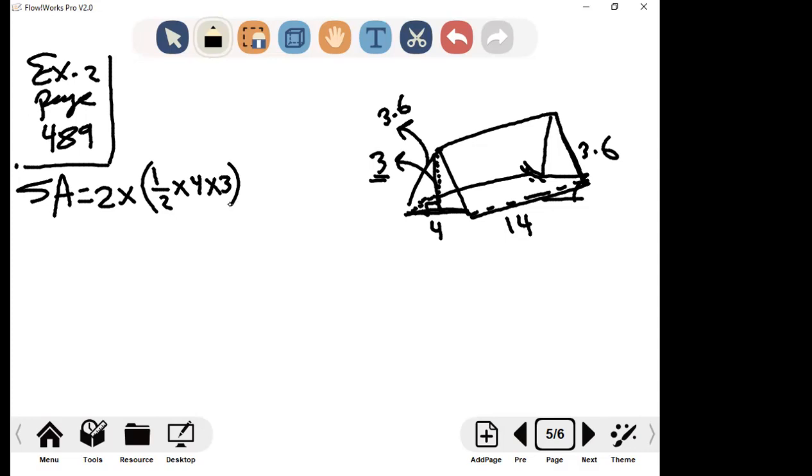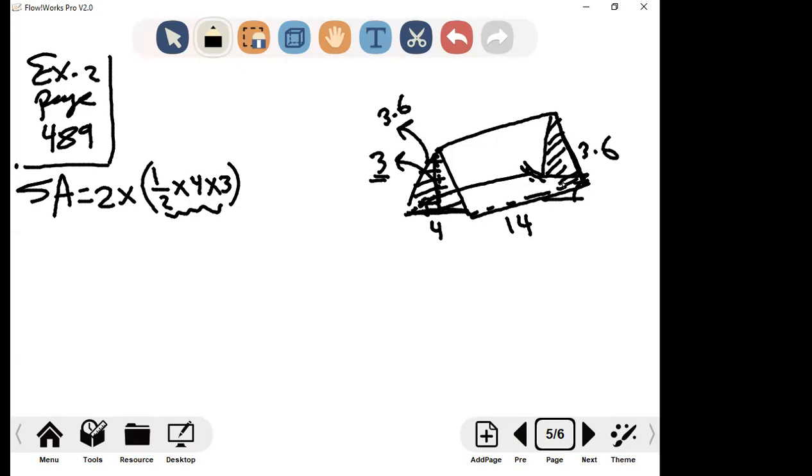So here 2 multiply this. What's this? Area of the triangle, right? Why did I put 2? Because I have triangle here, and triangle here. I have 2 triangles, right? So I'm done with the 2 triangles. Now I will think about the 3 rectangles. I have rectangle to the right, rectangle on the back and rectangle on the floor, right? Let's start with the rectangle on the floor.